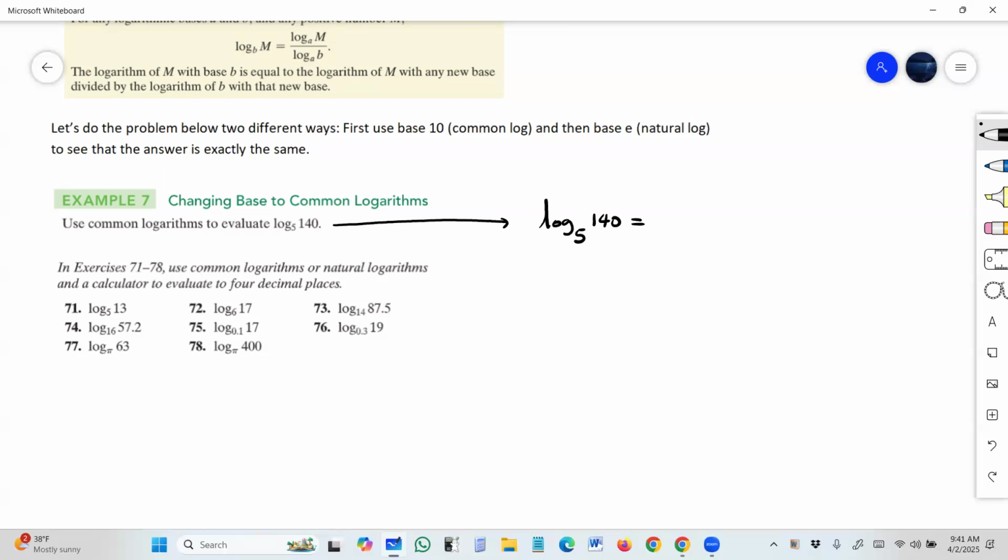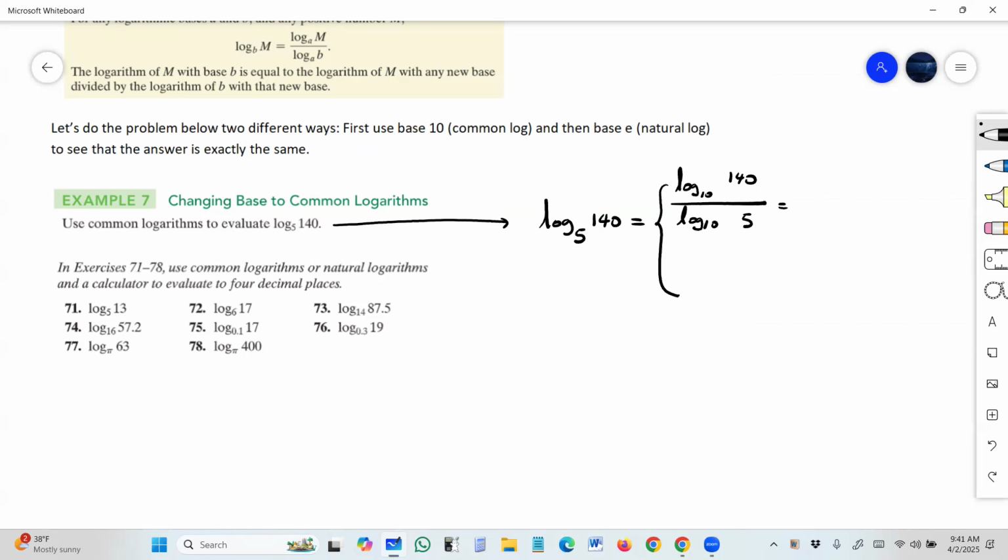I have to use the calculator. I'm going to use two ways to do this. I'm going to use log base 10, and I'm going to use log base e to show you it's the same result. So log base 10 of 140 over log base 10 of 5.